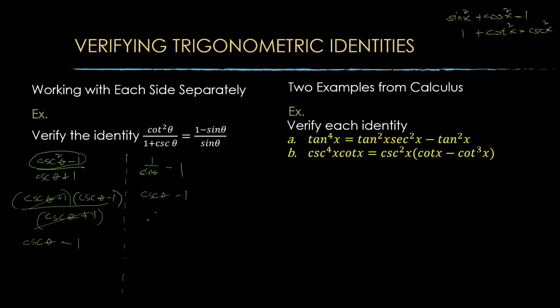So therefore, cotangent of theta squared over 1 plus the cosecant of theta is equal to 1 minus sine of theta over the sine of theta, which is also equal to cosecant of theta minus 1. They are indeed equal.